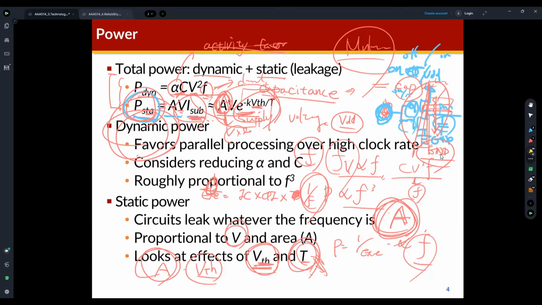Also, as I explained, the power consumption by memory devices is increasing because we are using large memory devices. Think of DRAM, dynamic random access memory.